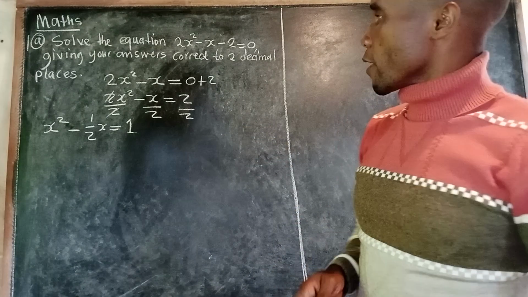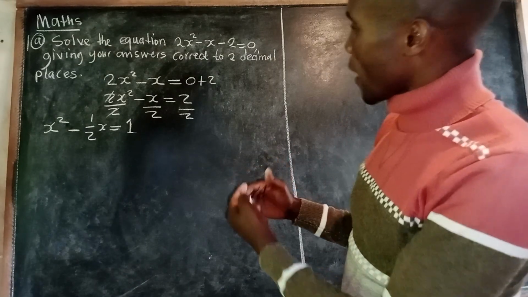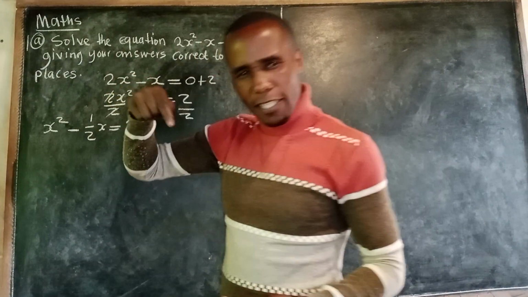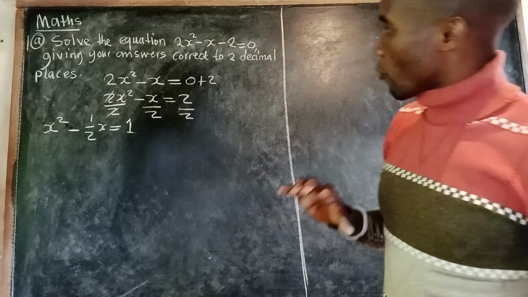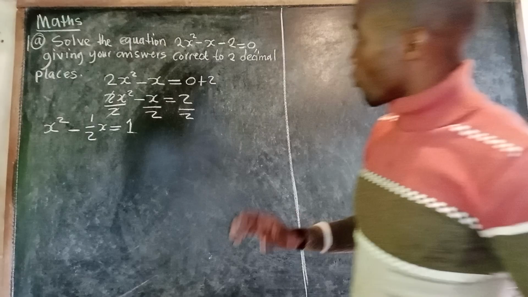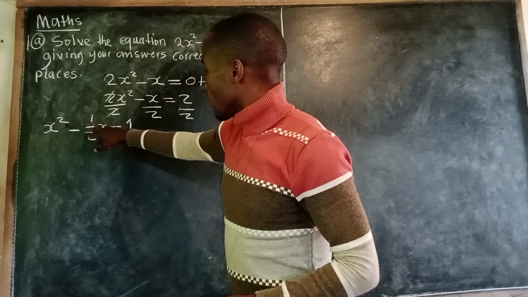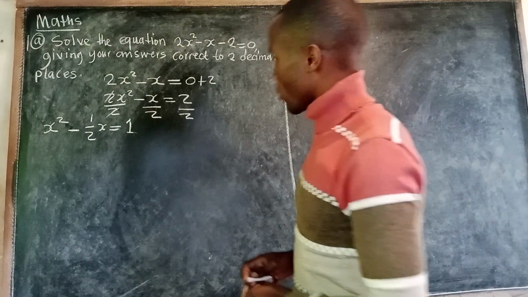After squaring, you are going to add that new term to both sides, here and the other side. This is what we are going to do.